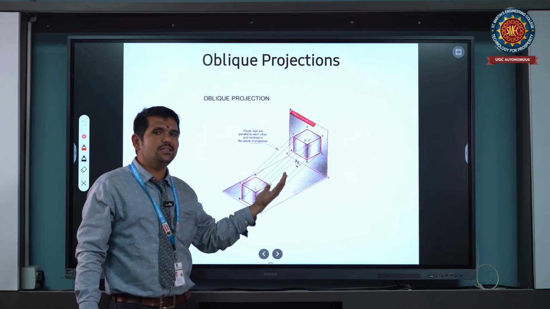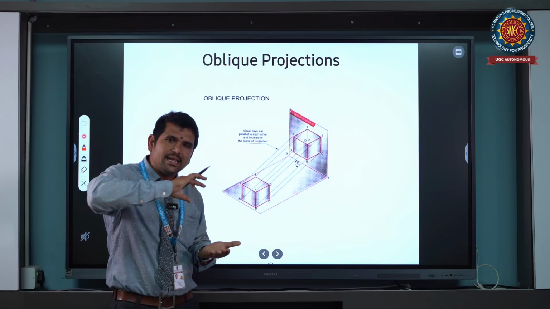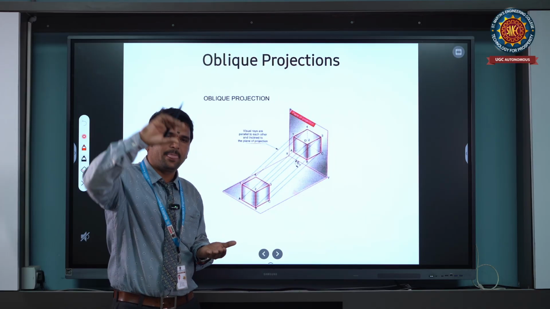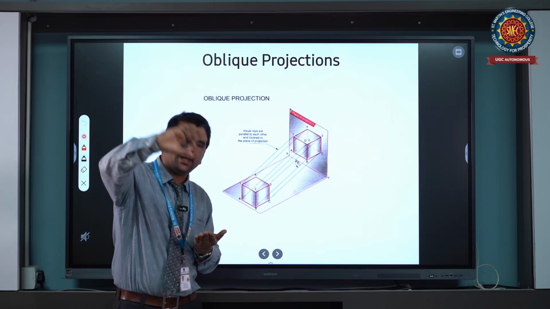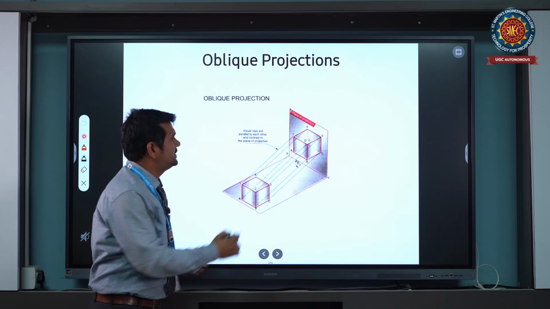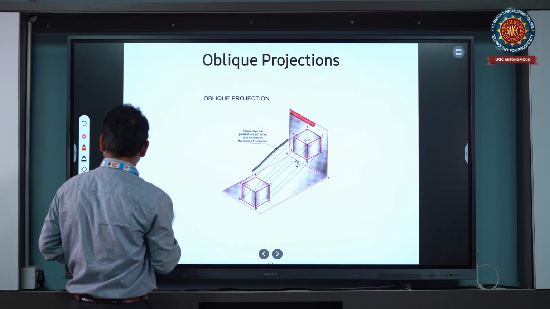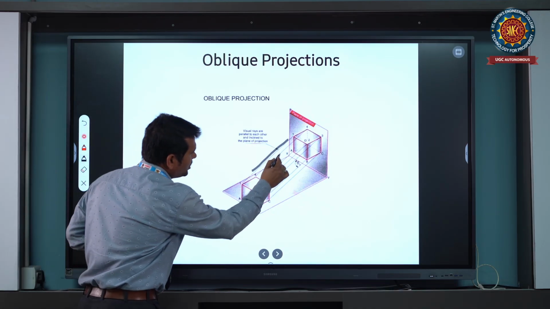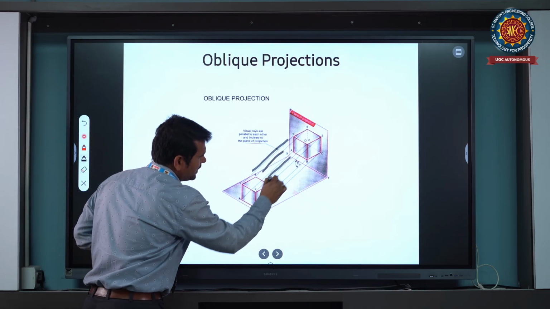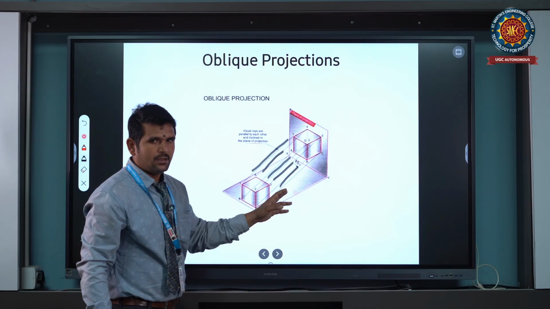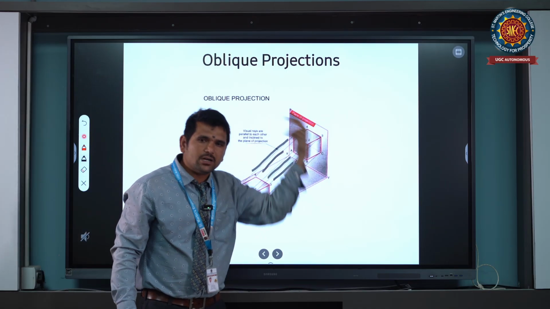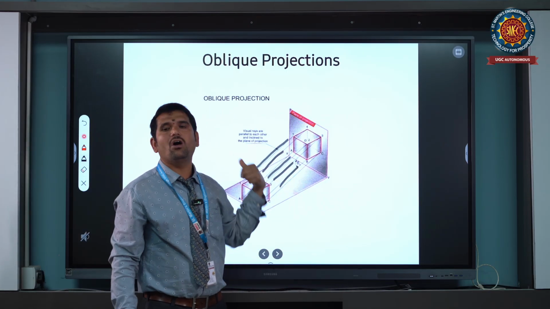But in this oblique method, the rays projecting on the plane are always inclined to each other. These are inclined to each other but parallel. So that is the difference between orthographic and oblique projection.